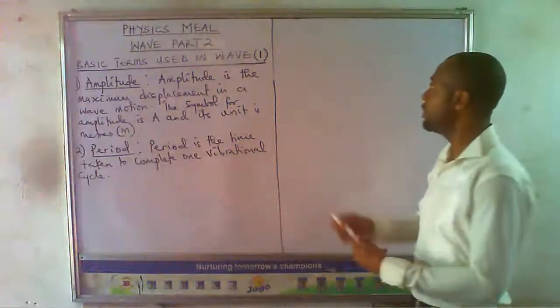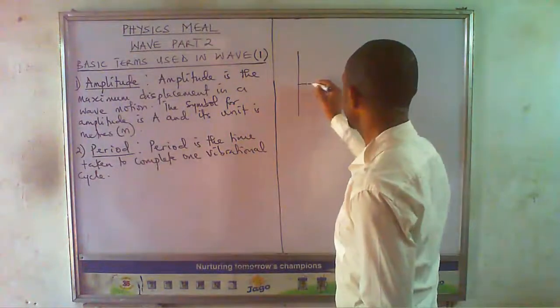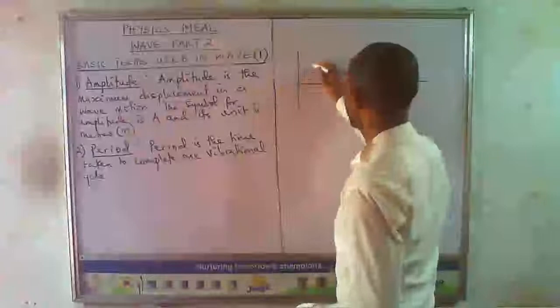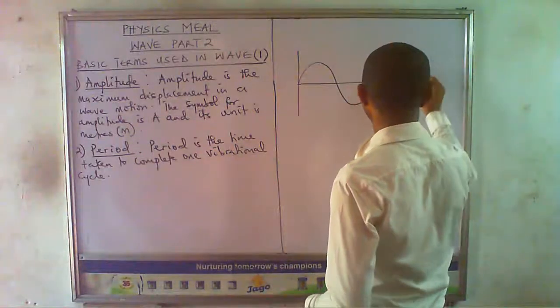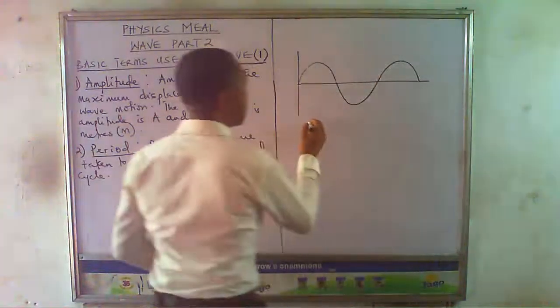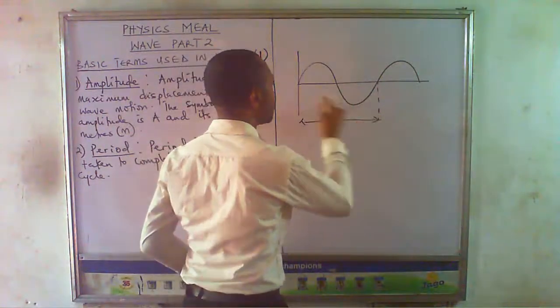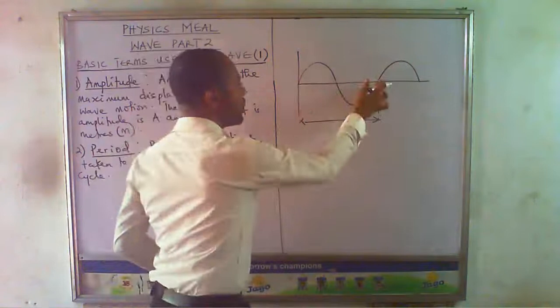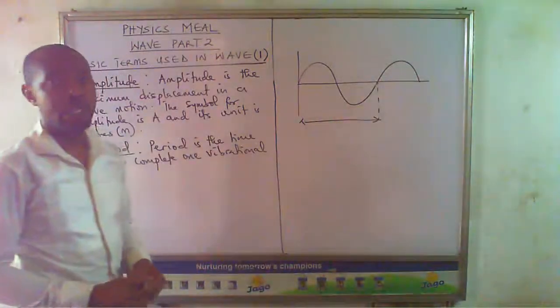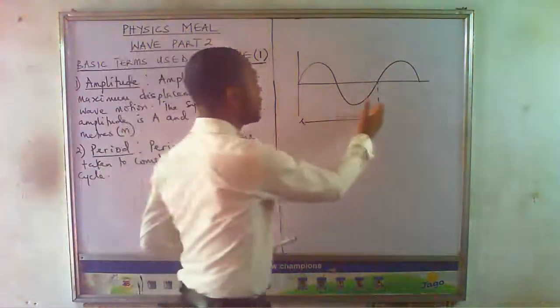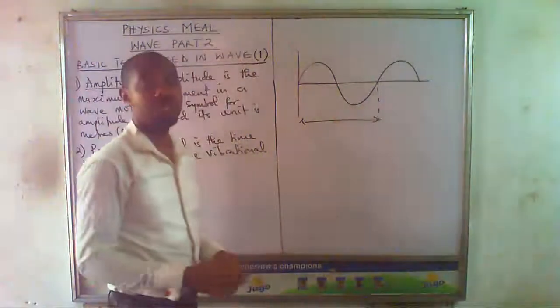That's period. So if I have this, I'm using a transverse wave, from here to here, that's one cycle. From here to here, that's one cycle. The time taken to complete this one cycle is the period.